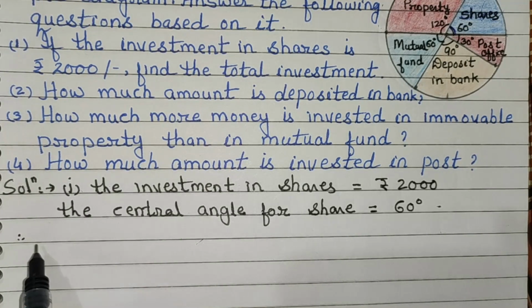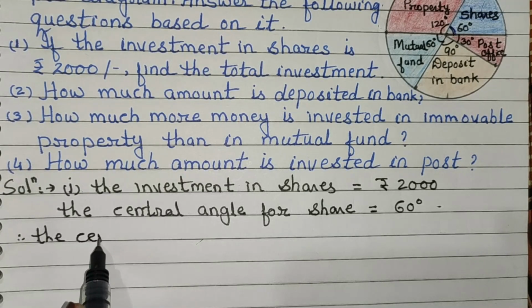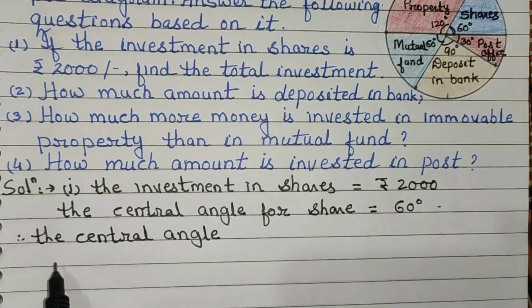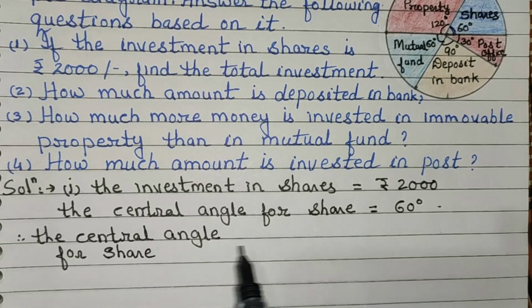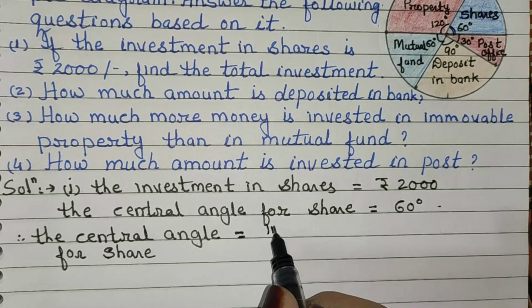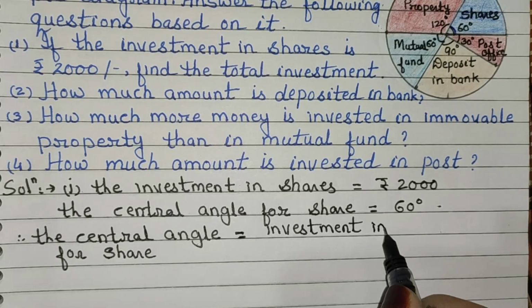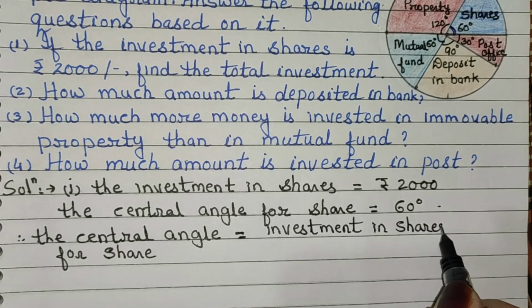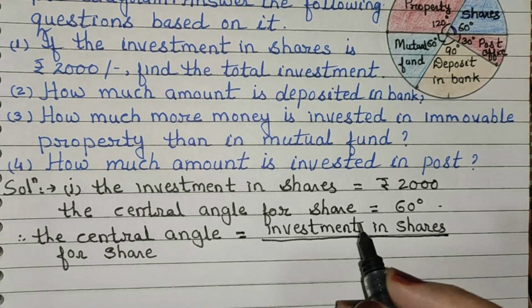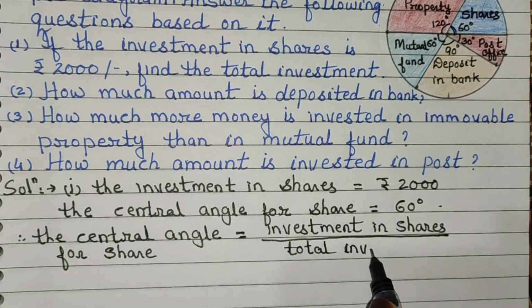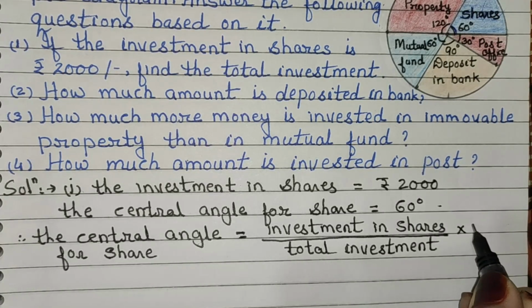Therefore, write down here the central angle for share is equal to investment in share upon total investment multiplied by 360.